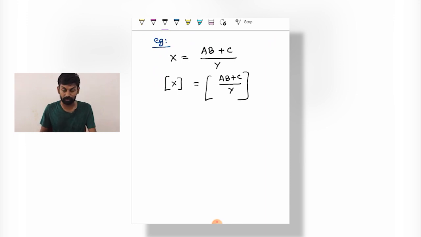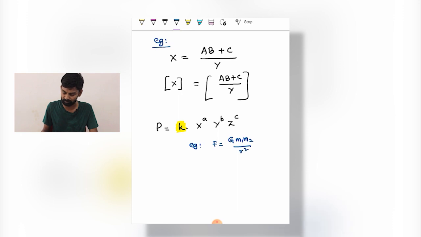Now coming to the next point here. When we found the relation between P and X, Y, Z, we wrote P is equal to K into X power A, Y power B and Z power C, so you wrote P in terms of A, B, C. And I said K is a dimensionless quantity. But do we have only dimensionless quantities in an equation? If you consider F is equal to G m1 m2 by r square, the universal gravitational constant capital G is not dimensionless.